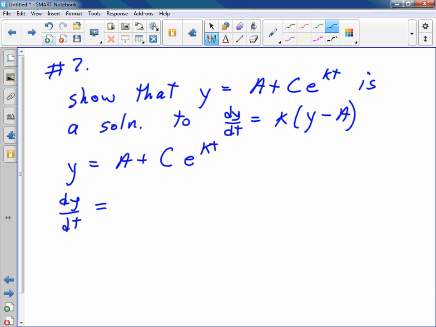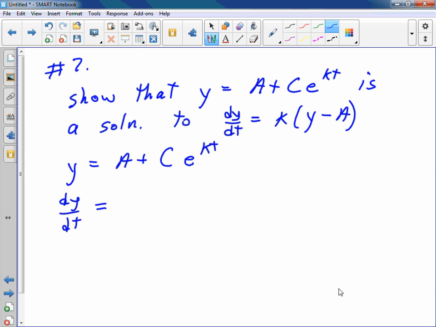Great question. Is A a constant? Yes, A is a constant. It's not t, because notice I wrote this in Leibnizian notation, the derivative of y with respect to t. So everything else is a constant. A is a constant, C is a constant, so we're not going to stress about them.